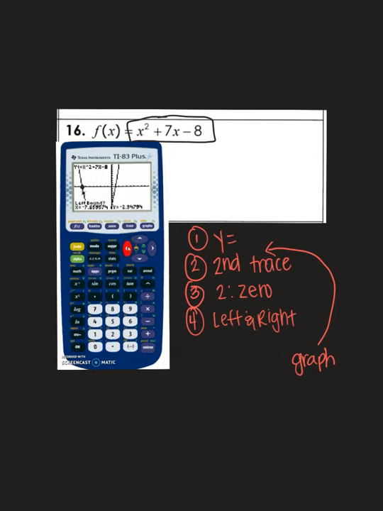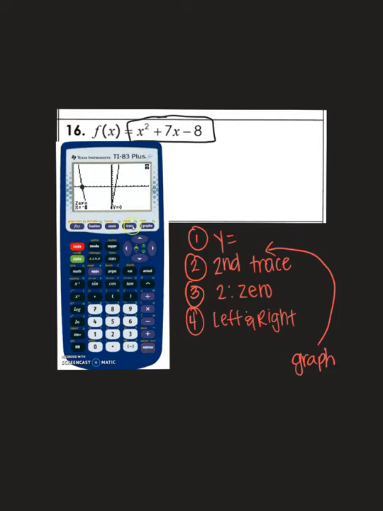And to move left bound, we're gonna have to move it somewhere up here. And then to move right bound, we're gonna have to go somewhere below. Hit enter, enter again. And this first one, our 0 equals, and it tells us right there is -8.